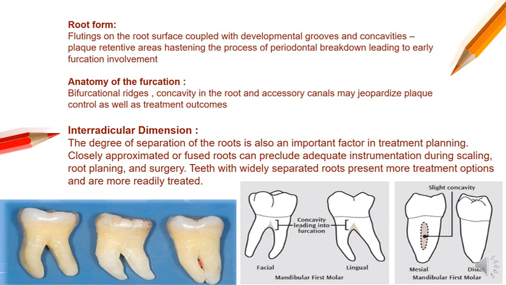The degree of separation of roots is also an important factor in treatment planning. Closely approximated or fused roots like this can preclude adequate instrumentation during scaling, root planing and surgery. Teeth with widely separated roots like this present more treatment options and are more readily treated.